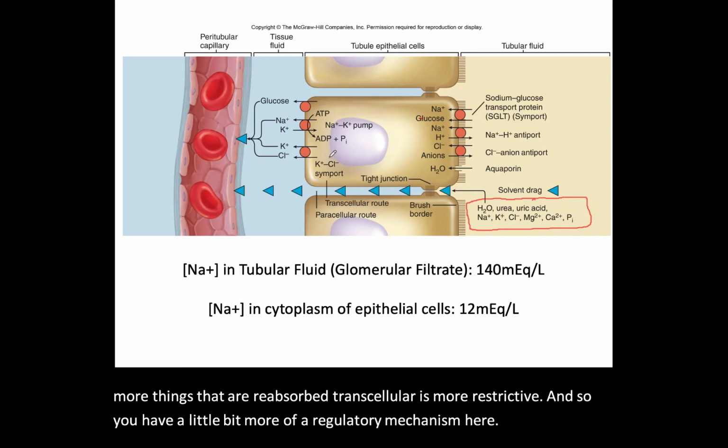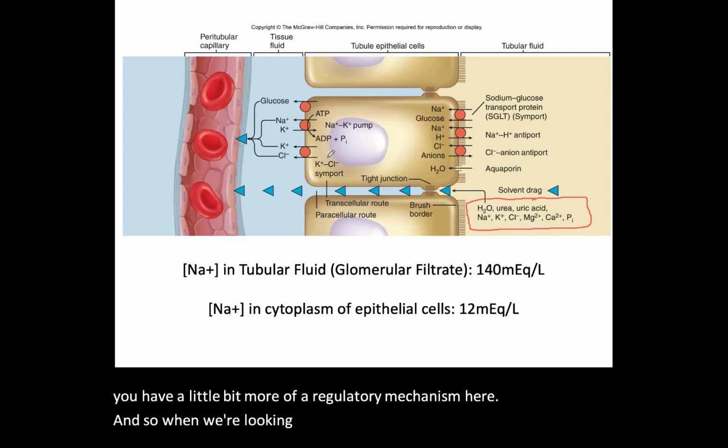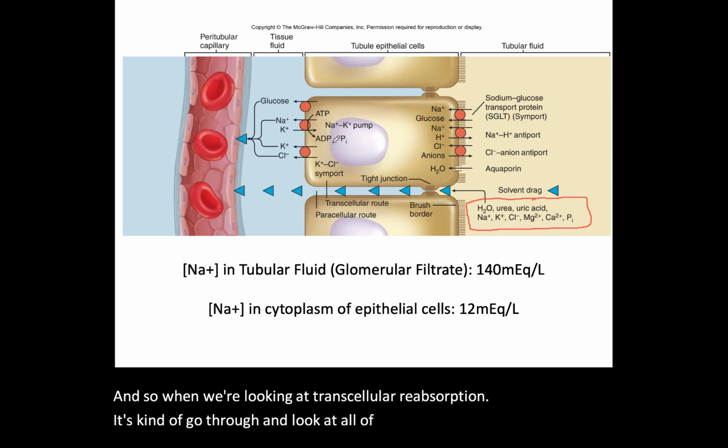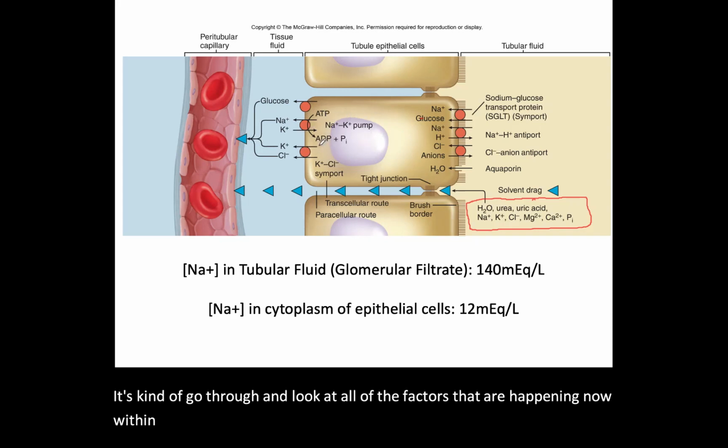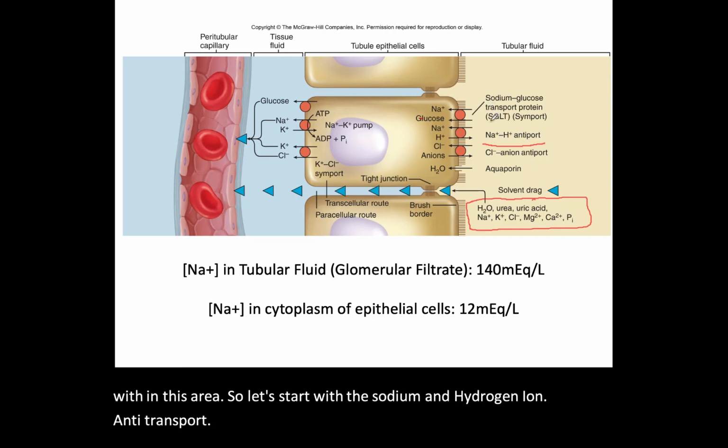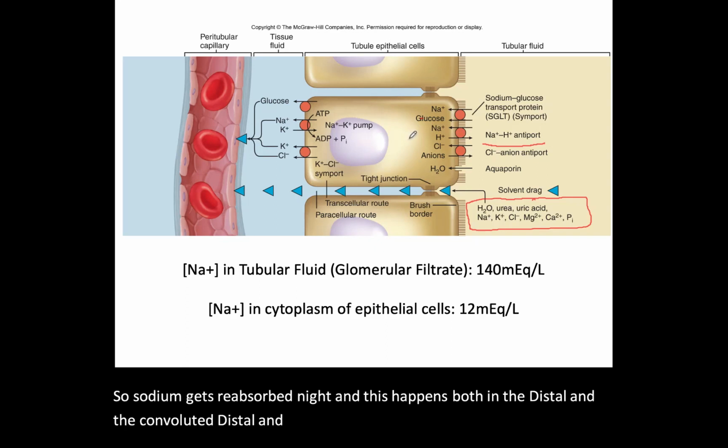And so when we're looking at transcellular reabsorption, all right, let's go through and look at all of the factors that are happening within this area. So let's start with the sodium and hydrogen ion antiport. Right, so sodium gets reabsorbed, and this happens both in the distal and the proximal convoluted tubules, which is what we're more concerned with right now.